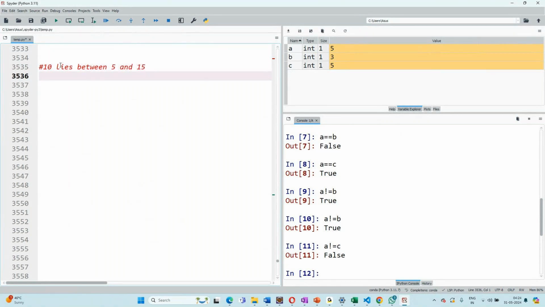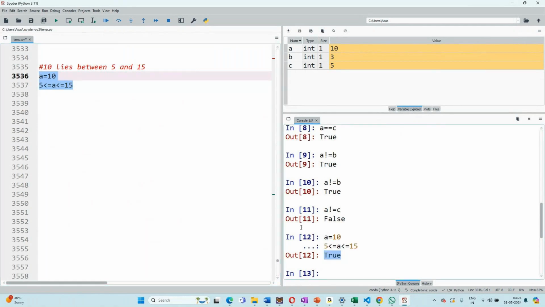Suppose I am saying A is equal to 10, 5 less than or equal to A less than or equal to 15. So now the answer is going to be true.